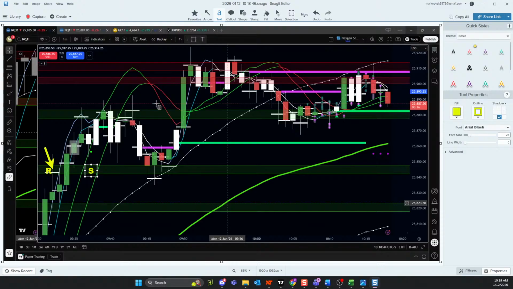So now this was resistance, Jen. The same as it was right here. And then once it breaks above, it becomes support. Do you see it? So first it's resistance, break above, behaves as support. Still resistance.